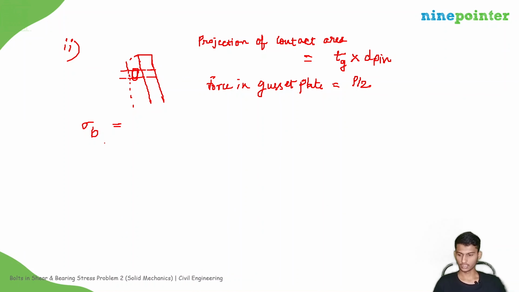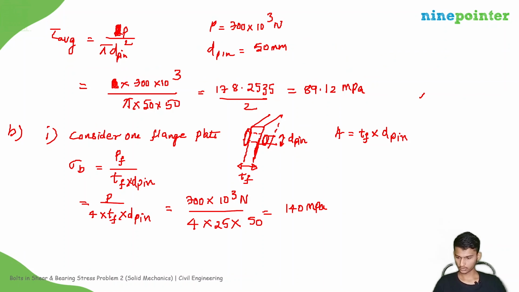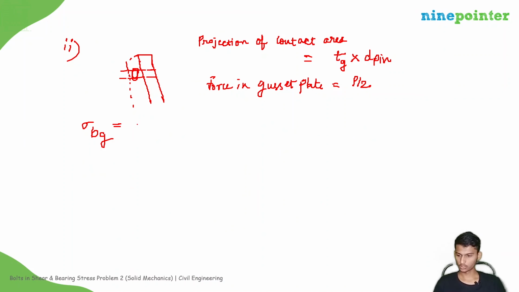So sigma, bearing stress in gusset plate. Here let us write sigma BF as bearing stress in flange plates. So it will be equal to P divided by A. Here that P is P by 2, let us write as F, divided by area A. That area is Tg into D pin.